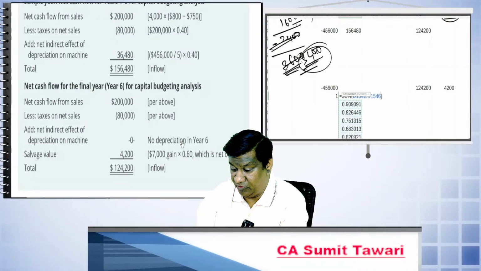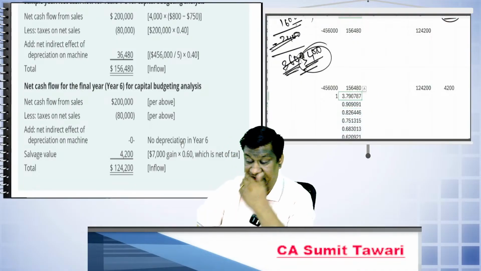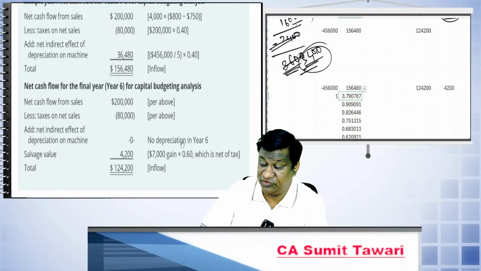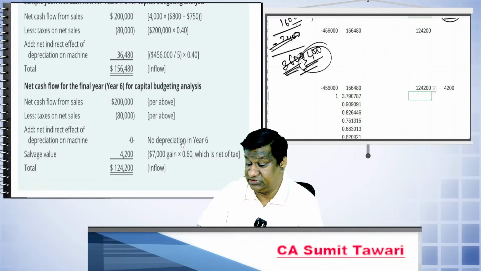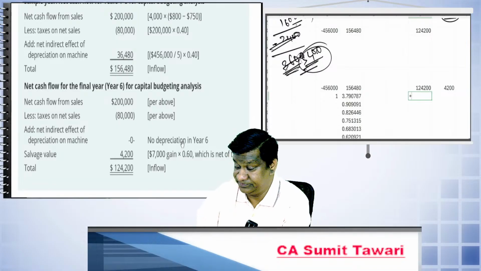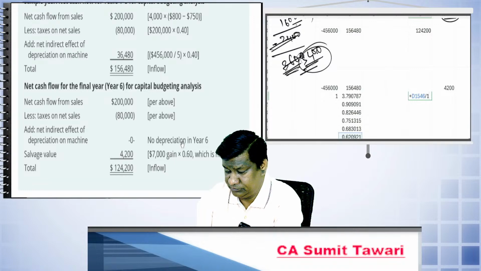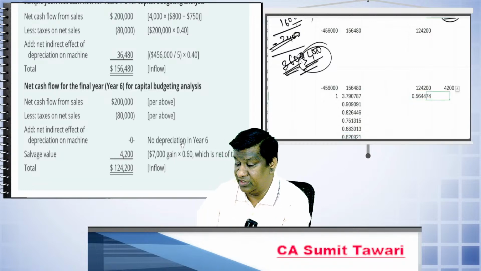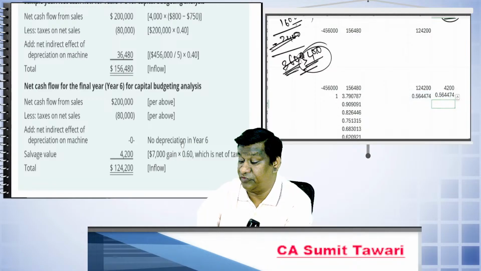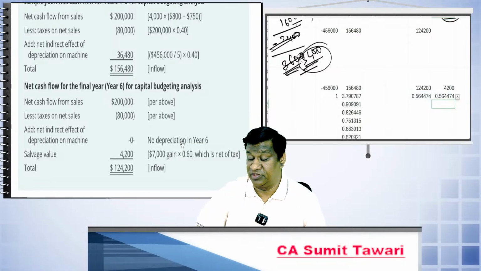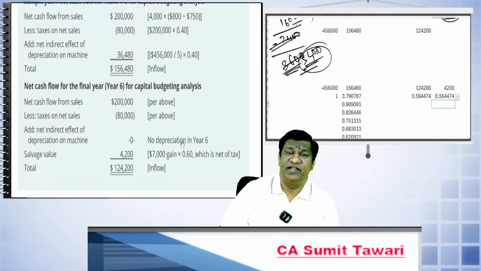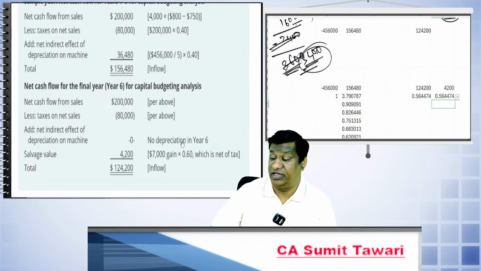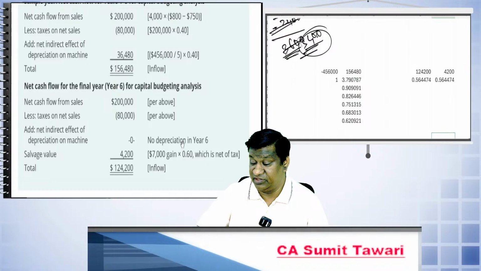You need to add all these, which gives 3.79. In the examination they will give the individual factors as well as the sum. For the sixth year it is calculated separately, and the same you need to consider for the terminal value receipt. It is assumed that at the end of the year you will realize all the value of the asset while doing any capital budgeting.